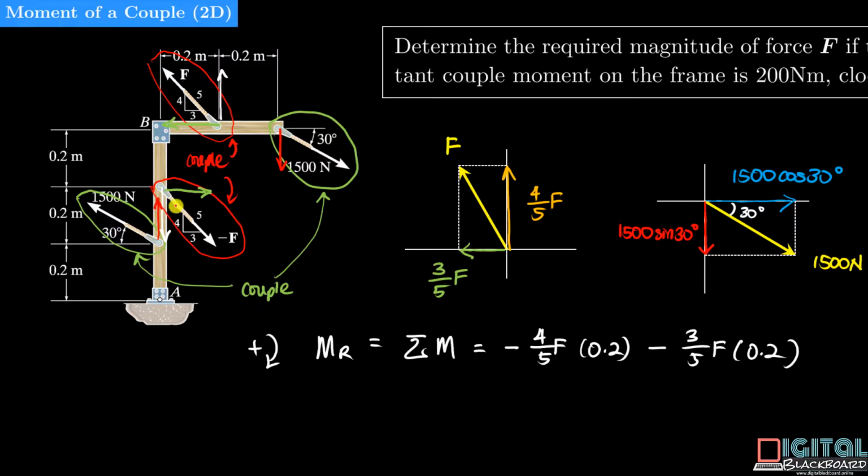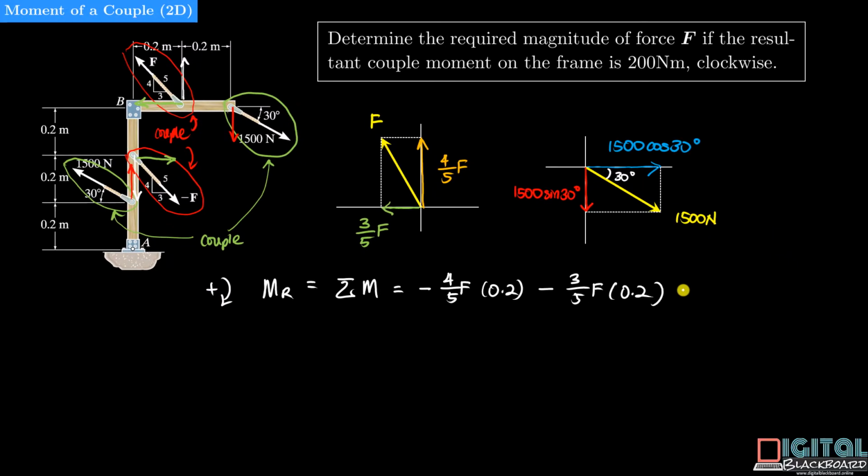The perpendicular distance between these two vertical components is actually 0.2 plus 0.2, which is 0.4, and it rotates in the clockwise direction, so it is positive according to our convention. So we have plus 1,500 sine 30 degrees times 0.4.